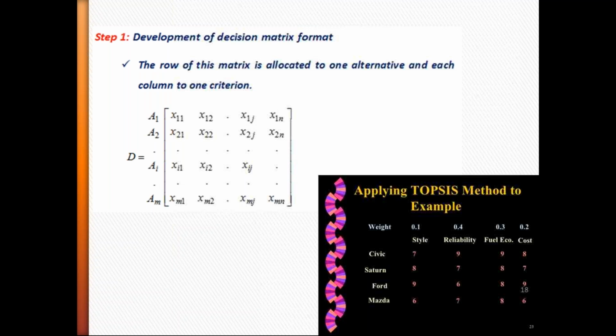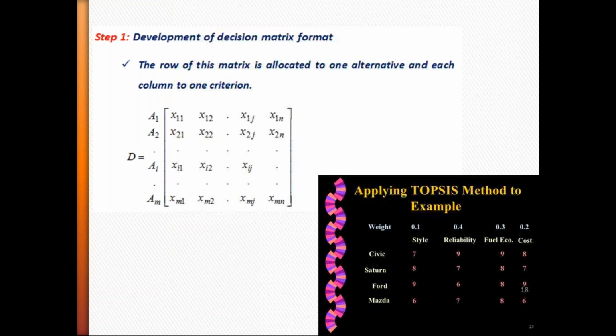And row wise, you can see the first row corresponding to A1: X11, X12, Xij, Xin. If we follow the row of Ai, you can see Xi1, Xi2, Xij, etc. So what is the notation of Xij? i means alternative, j means criteria.